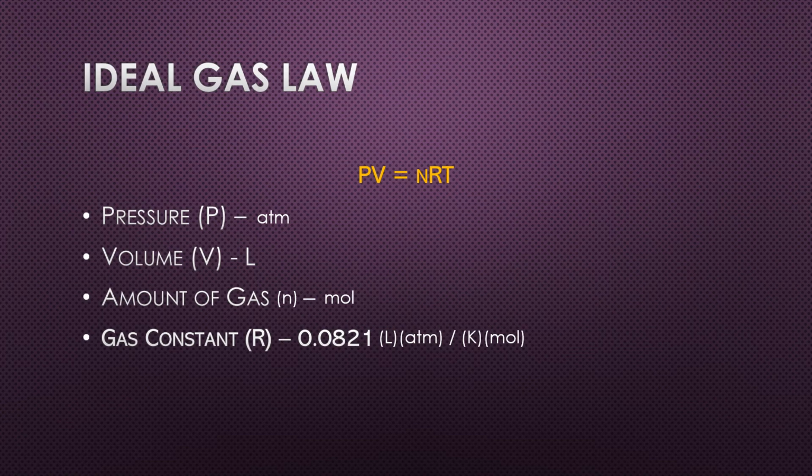If it's not, we'll have to convert. Kelvin, we want to make sure our temperature is not in degrees Celsius, it is in Kelvin. And finally the mole, moles will always be given in mole, at least for this chapter. And then the temperature is represented by T, and the unit that we'll be using for temperature is Kelvin.